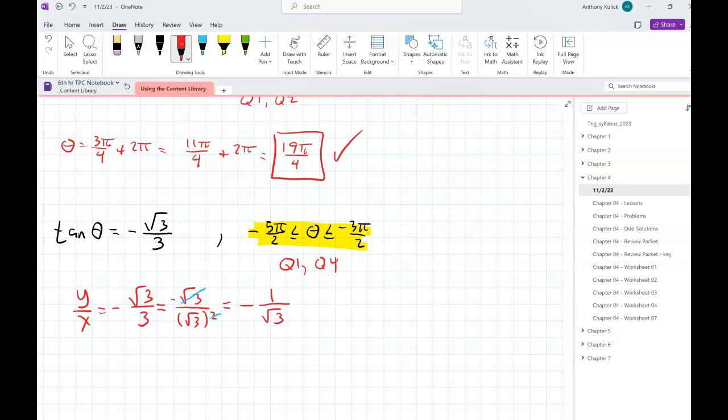Now, I don't see still anything on my unit circle that has a y coordinate of root 3, or an x coordinate of root 3 and a y coordinate of 1. But I do see places where I have a y coordinate of 1/2 and an x coordinate of root 3 over 2, where they both have the same denominator, right?